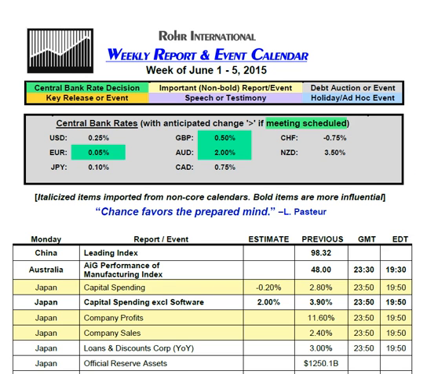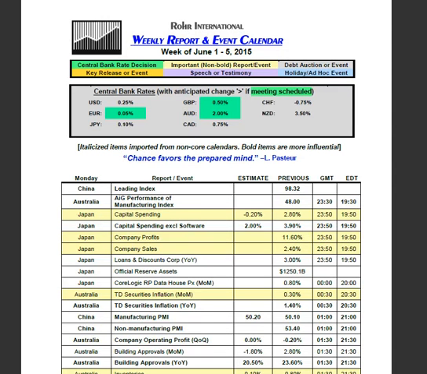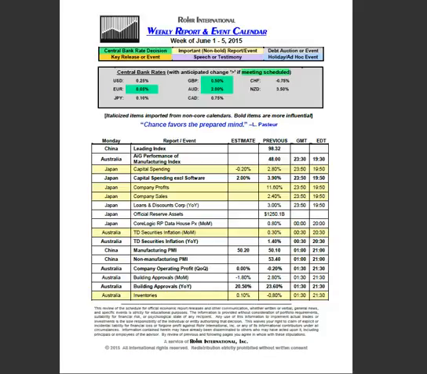So if we zoom back out a bit to take more of a look at how the calendar works in practice, you can see we have the bold designations, such as Australia year-on-year inflation. That's the most important, but the month-on-month figure is also kind of important, and that's an example of something highlighted in yellow.